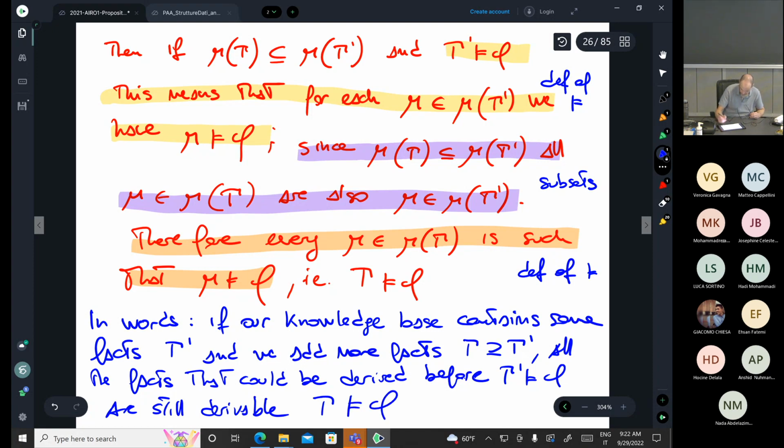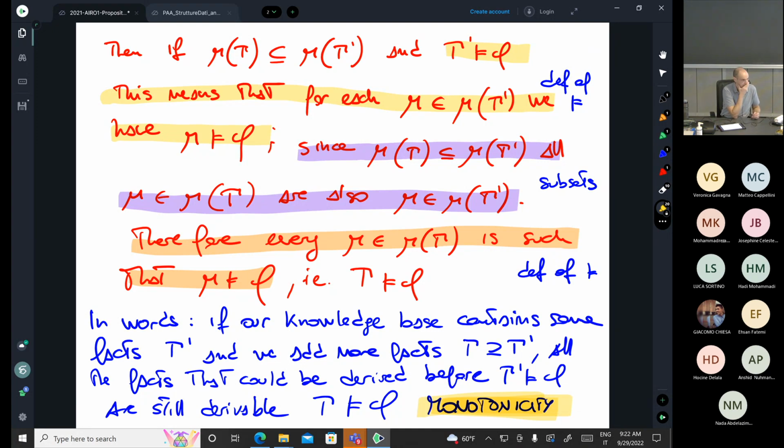Gamma implies phi. That's why we speak about monotonicity.